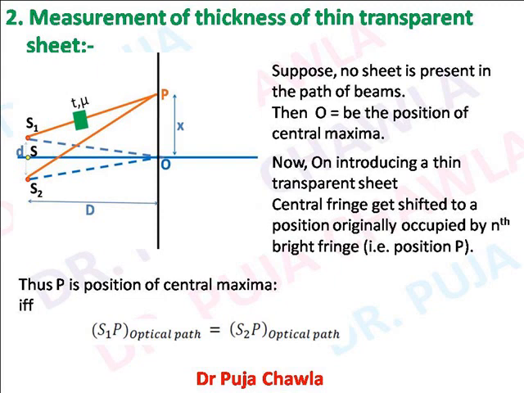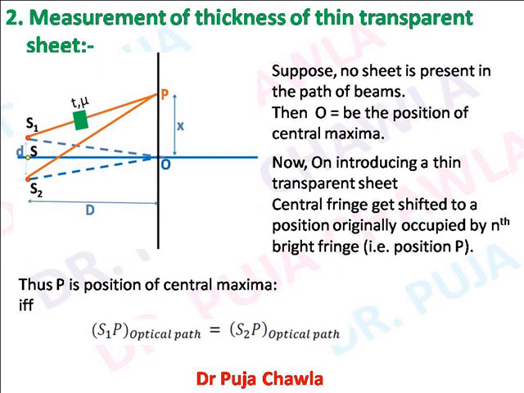Let us suppose the distance of slit and the screen is capital D. Now, what's the effect of introducing the thin film? The effect is that the central fringe gets shifted to a position which was originally occupied by the nth bright fringe, because P was the position of the nth bright fringe when no thin film was present.